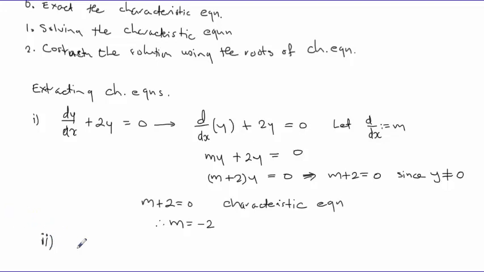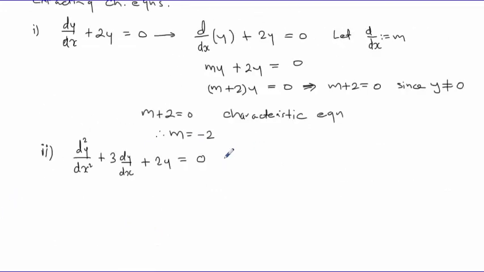Now let's look at what if this was a second order equation. If we're given a second order equation, for example, d2y/dx2 plus 3 dy/dx plus 2y equals 0, we'll do something similar. We say d, in this case order 2, applied to y, plus 3, first differential operator, the power 1, applied to y, plus 2, here we put the differential operator of order 0, which gives us back the function itself, multiplied by y equals 0.